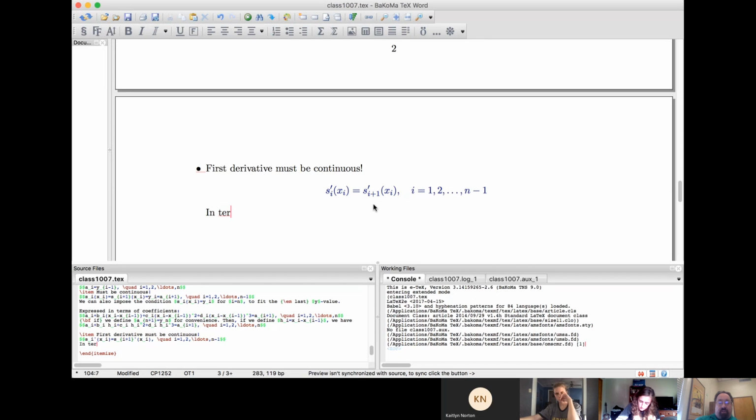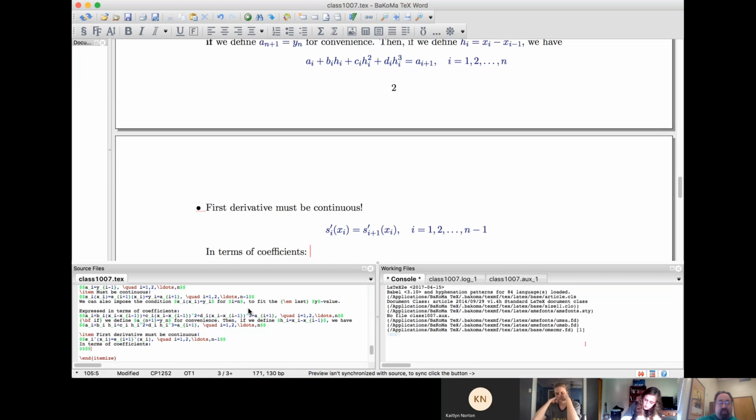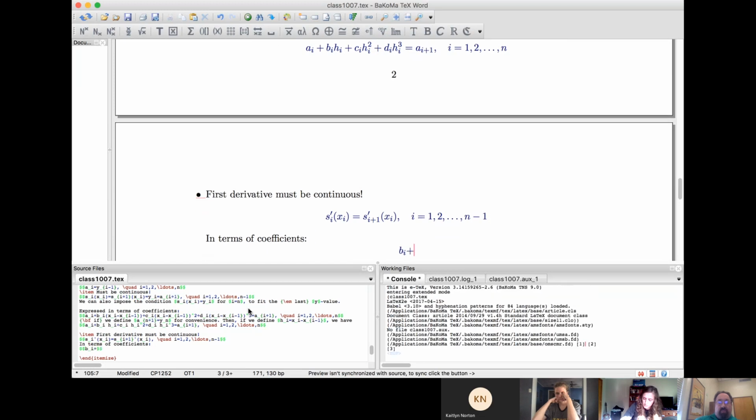Now, in terms of coefficients, we could get an equation much like this one, but it has to apply to the derivative. You can think of it in terms of taking a derivative of this. So the ai will go away because that's a constant. And what we would get is bi plus 2ci plus 3dihi squared.